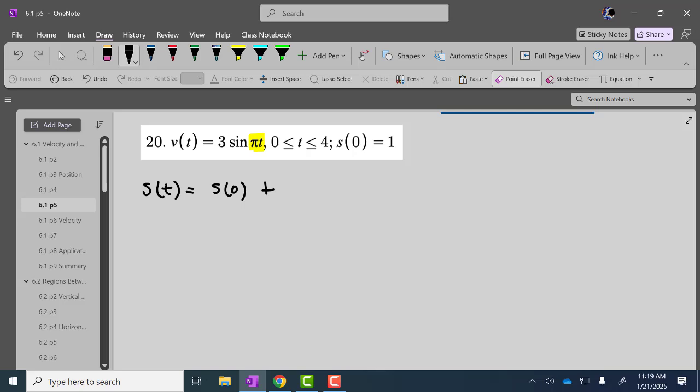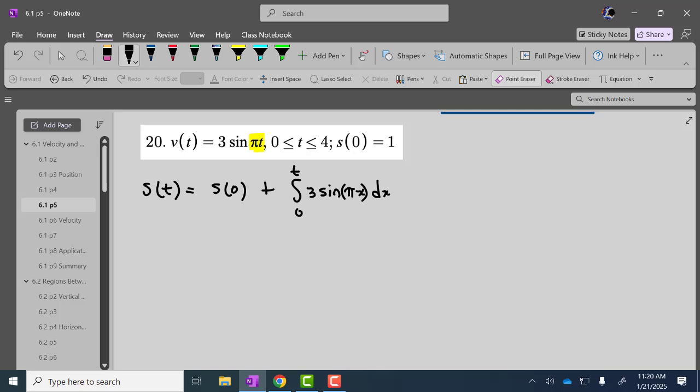We're going to first find S of t in general, though. So we're going to integrate from 0 to t, and for a dummy variable, we're going to use an x, or whatever your favorite letter is. So that's how we're going to find it.